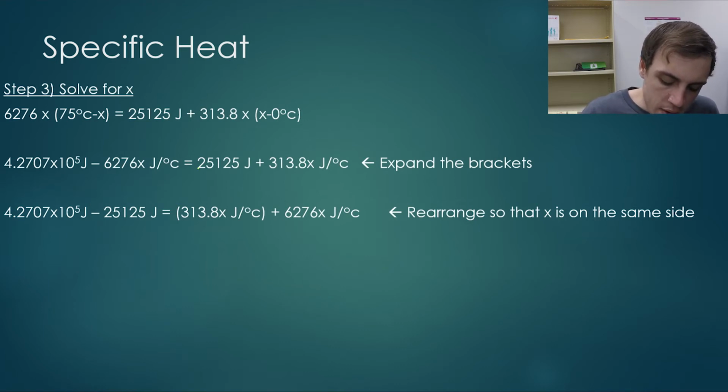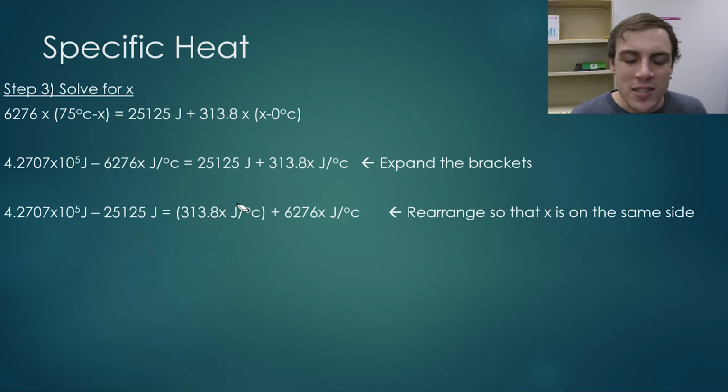And our 25,000 joules, as it moves over here, because that was a positive value, now turns into a negative. So you can start to see that, especially under time pressure, it can be very easy to muddle these things up, to not expand the brackets properly, to forget to change the plus to a minus. These sorts of questions require a lot of attention.